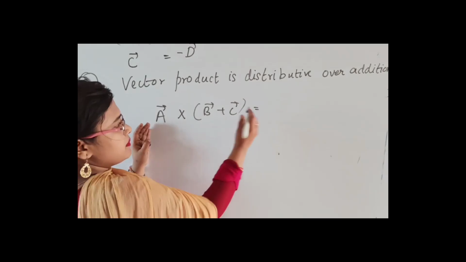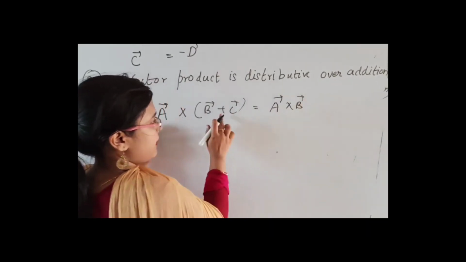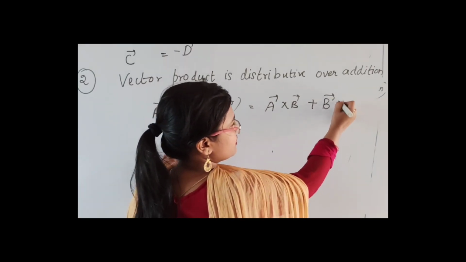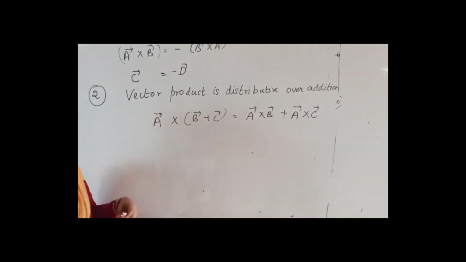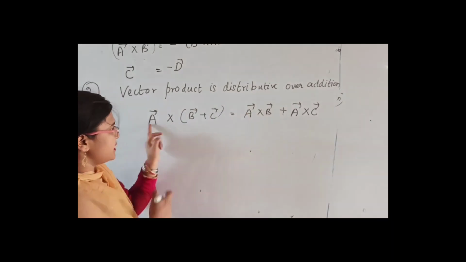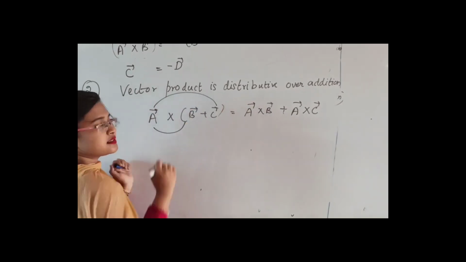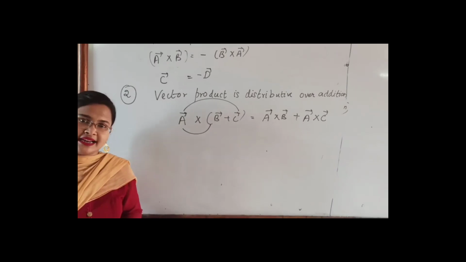That means it can be multiplied as A cross B plus A cross C. So A cross (B plus C) equals A cross B plus A cross C. This shows the vector product is distributive over addition.